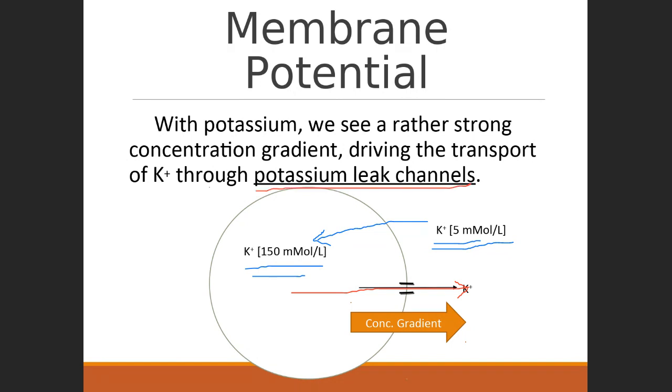Great name, because it tells you exactly what it does. You pump the potassium in, it leaks back out. Now, fortunately, you're pumping it in quicker than it's leaking out, so you can still accumulate a nice concentration gradient here. Now we have to start adding more things. What does positive and negative ions like to do with each other?